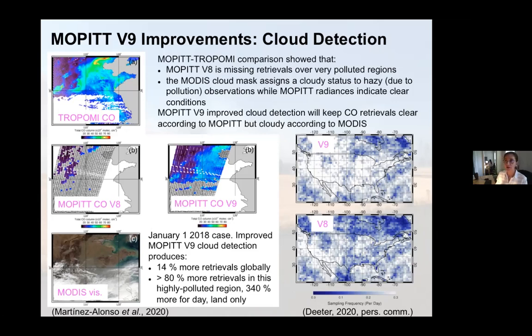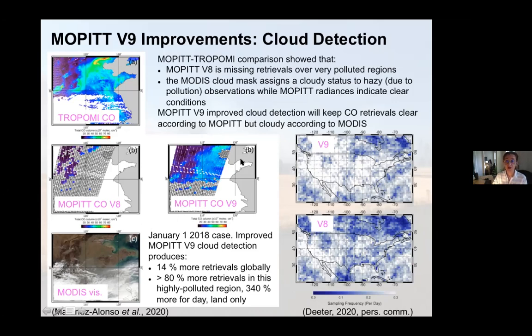And we were being very strict, and when MODIS saw high aerosols, somehow that was interpreted as cloudy. So by improving that cloud detection, we have increased the number of retrievals by a lot.